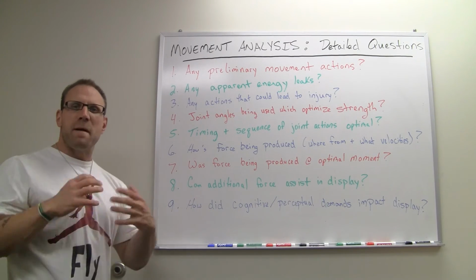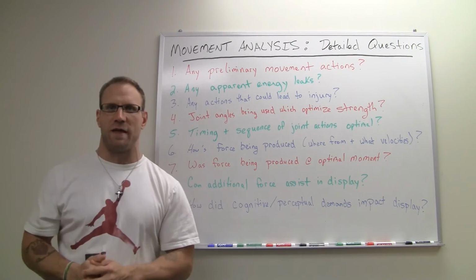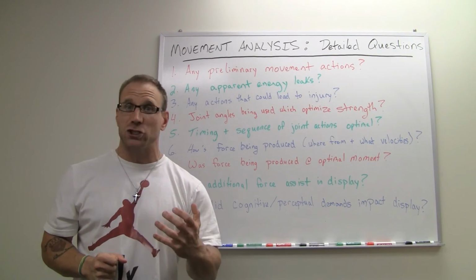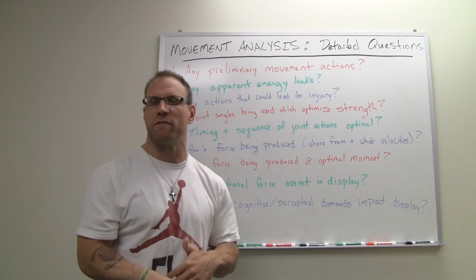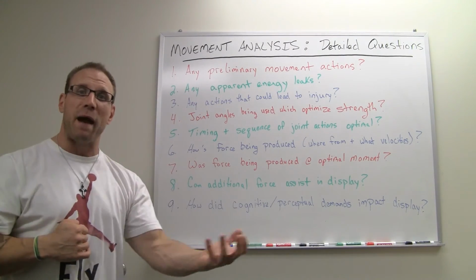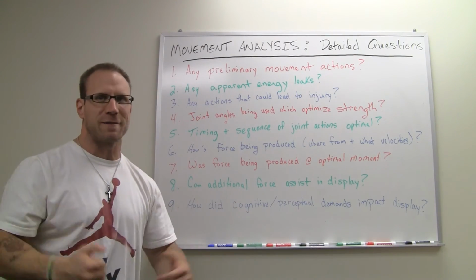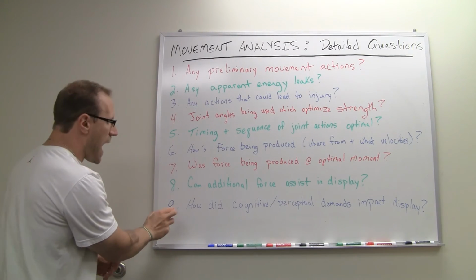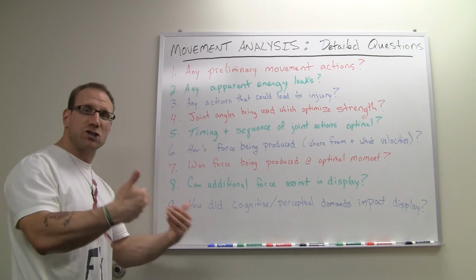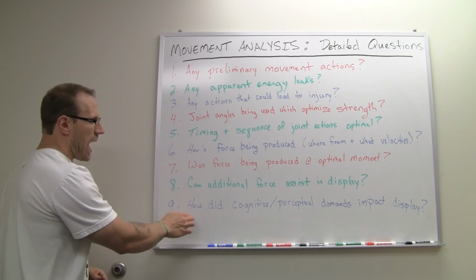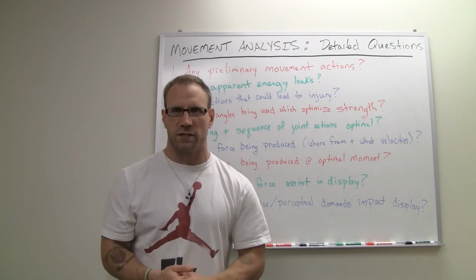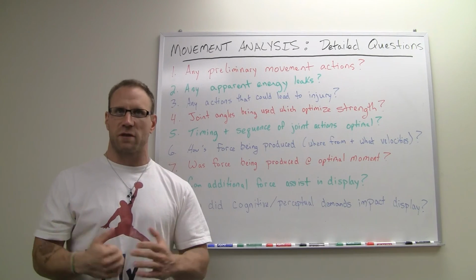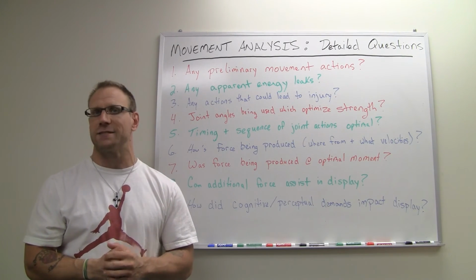And finally, maybe the most important question that we need to ask ourselves, especially with pre-programmed chaotic conditioned sports such as American football, soccer, rugby, basketball, those things, most sports, guys and gals, is: how did the kinesiological pattern change? Meaning, how did the cognitive or perceptual demands impact the displayed characteristics of the sport movement action taking place?